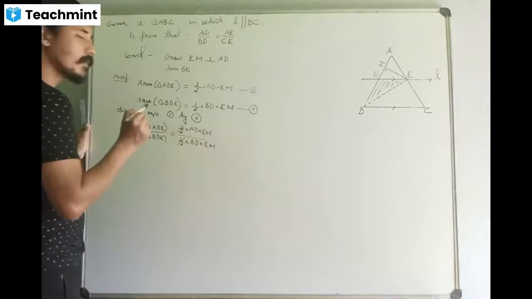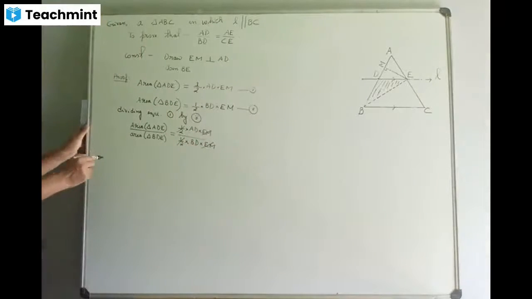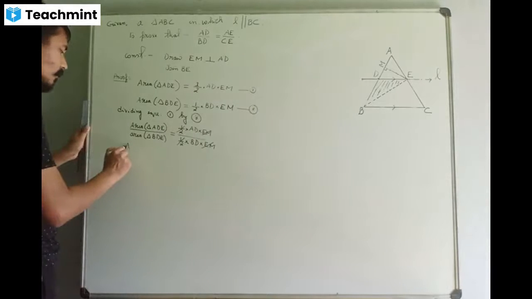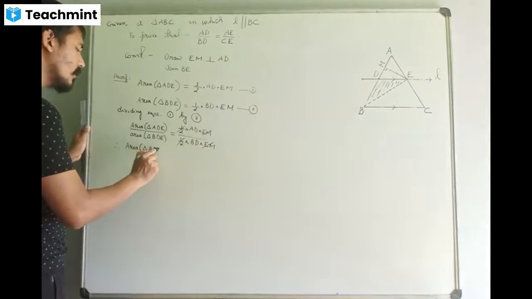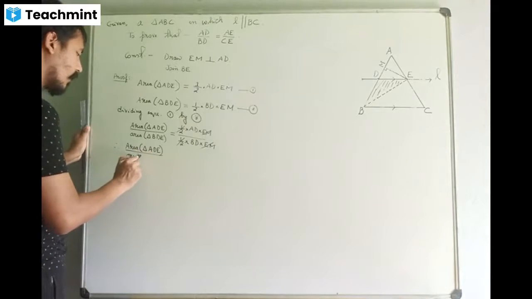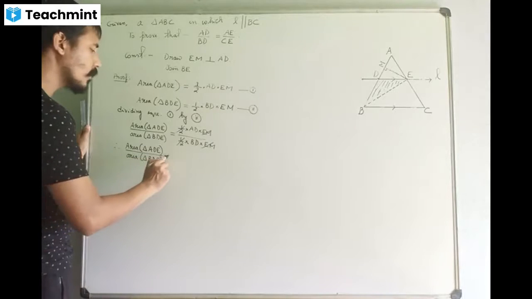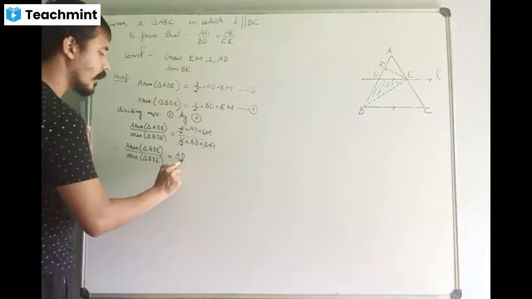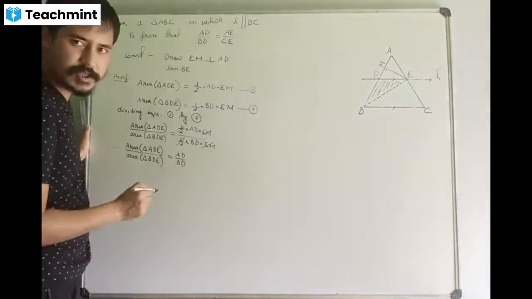Half and half can be cancelled out. EM and EM can be cancelled out. Therefore, area of triangle ADE upon area of triangle BDE will be equal to AD upon BD, which is a very important equation.